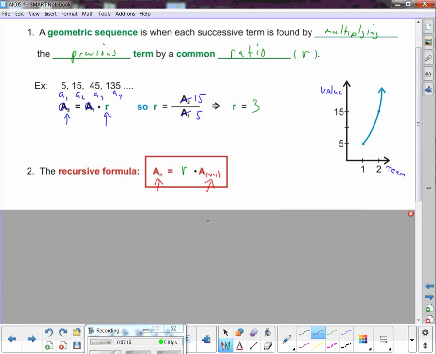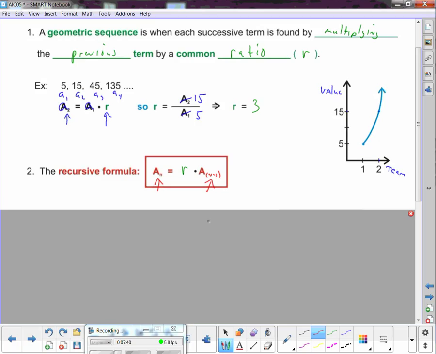Multiply the sixth term, 7 minus 1, right, times the R. So all this is saying is, how do you get the next term? Multiply the previous term by R. That's all you have to do for a geometric sequence. Multiply the previous term by R, and you'll get the next term.